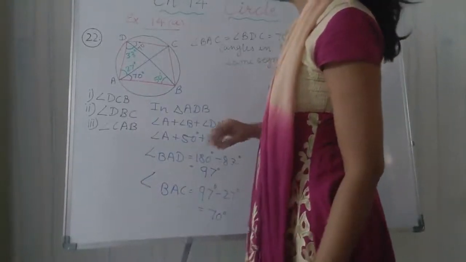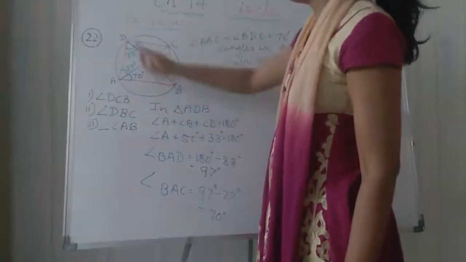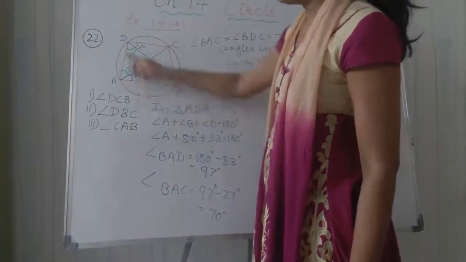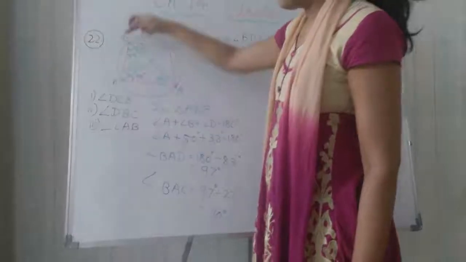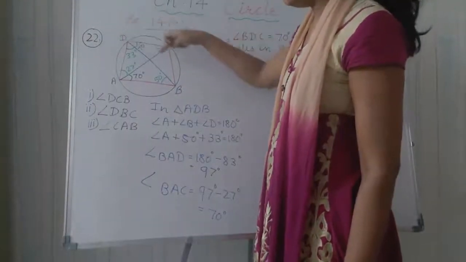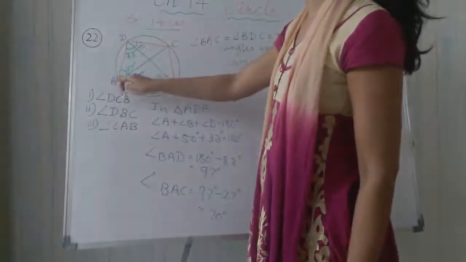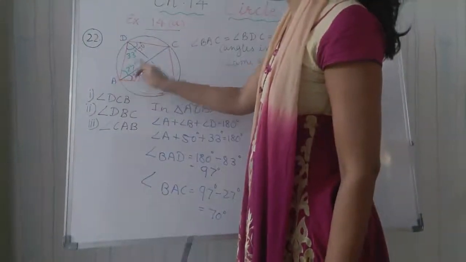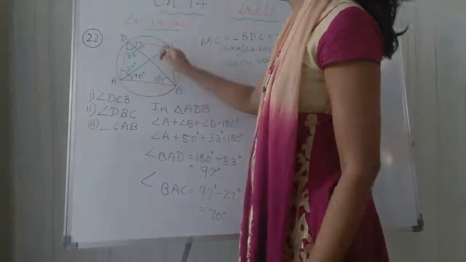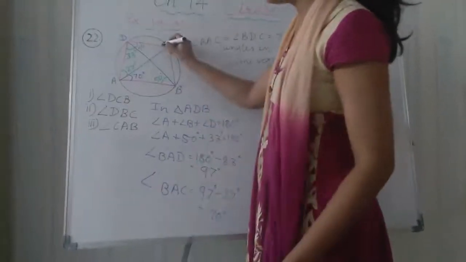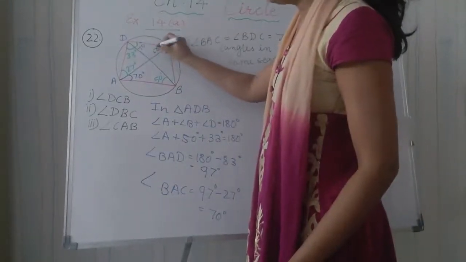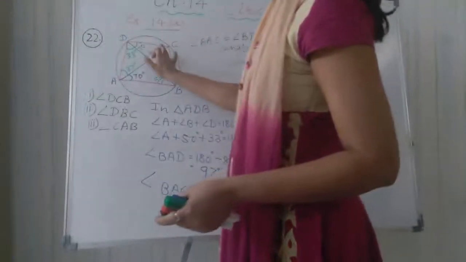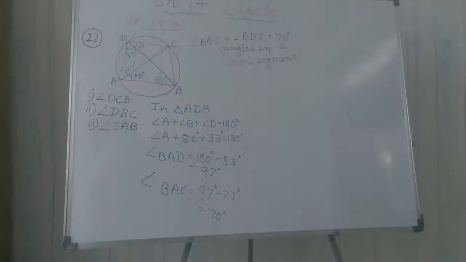Now students, we want to calculate DCB, this one. Okay, for that, this is the arc AD. From this arc, this is DBA and another is here angle ACD. Both are equal. So this is also a 50 degree angle in the same segment. So likewise, we can solve the next.